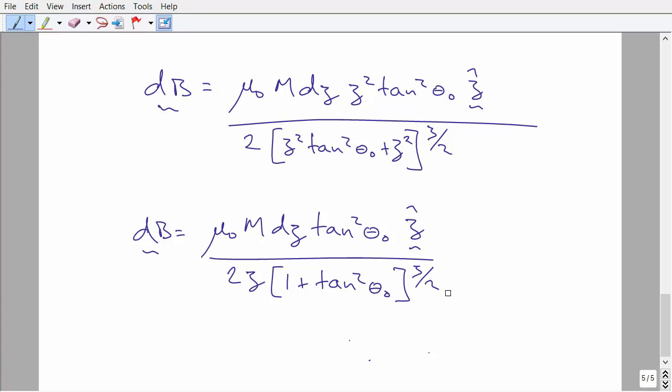Okay, so there's our result, and we're actually nearly done because the only thing we have to do now is integrate out over all the rings, and just about the only thing with any z dependence is the 1 on 2z downstairs. Everything else is a constant. So let's write down the final integral that we're going to need to do.